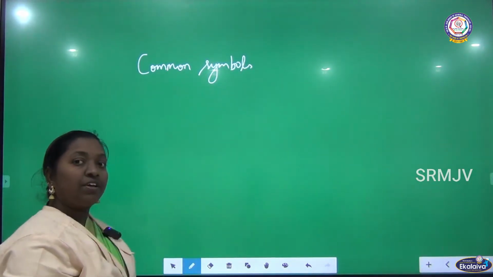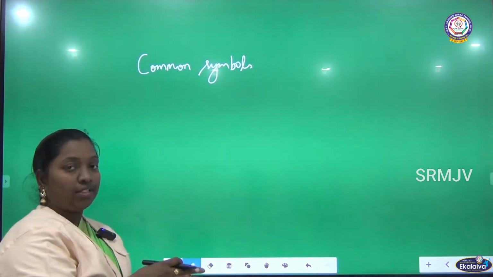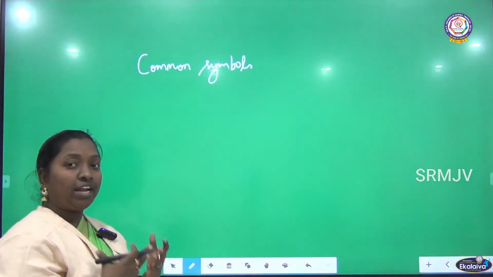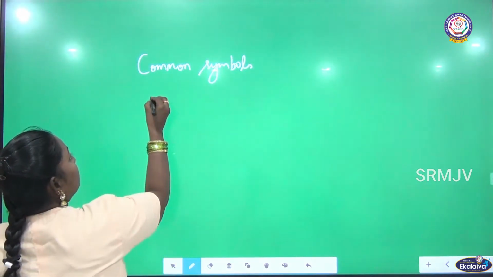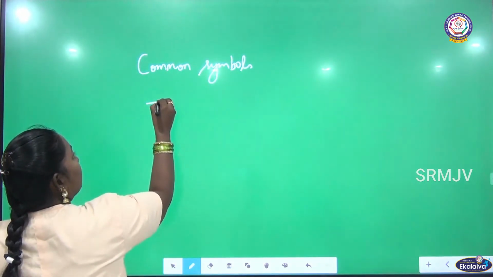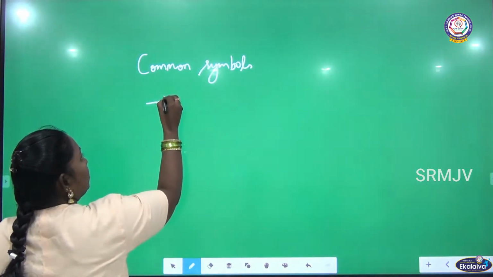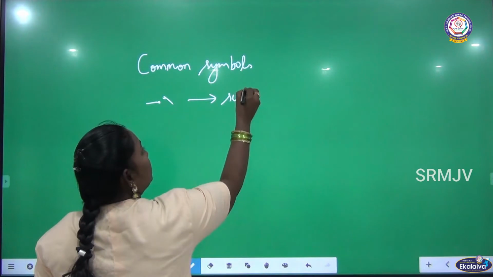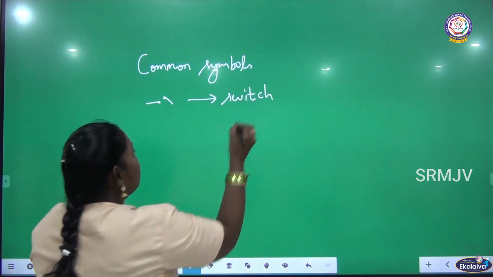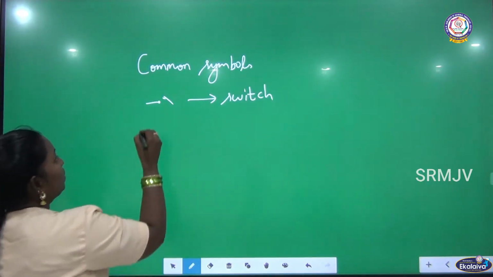By looking at them, we are able to identify this is a cell, this is a switch, like that easily we can identify and know the names of the electrical circuit components. So when you see this symbol, you can know this is a switch.